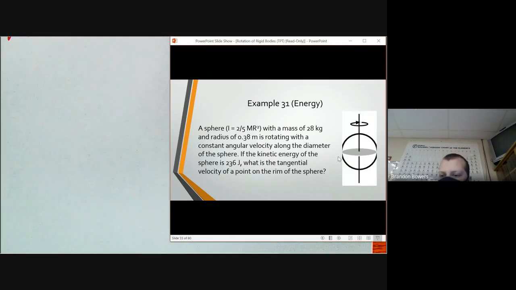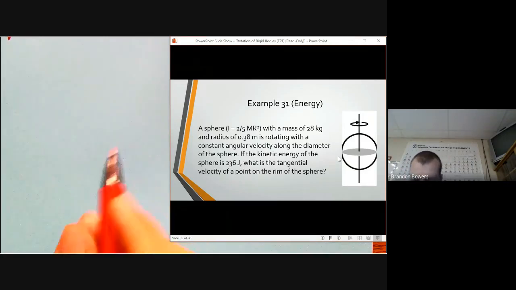It doesn't matter. But if we're trying to find a point on the sphere, it does matter. We're just trying to find the velocity here. Tangential velocity? I don't know what that is. Okay, let's check this out.